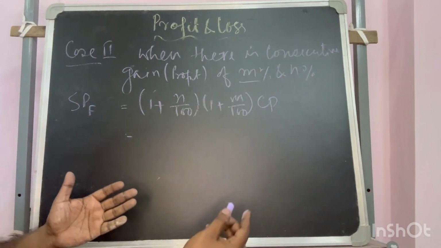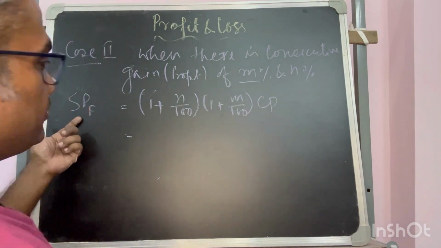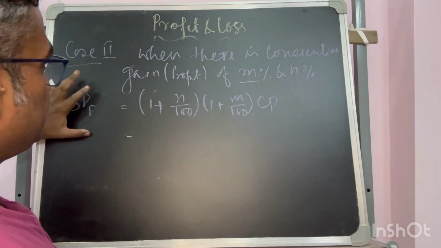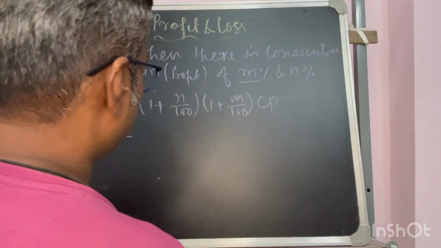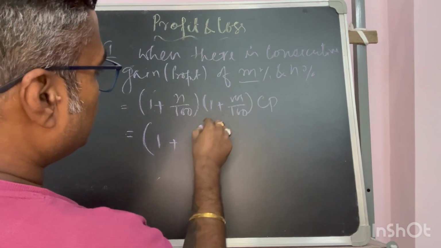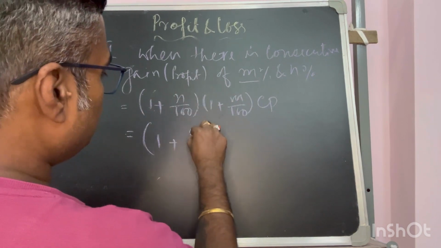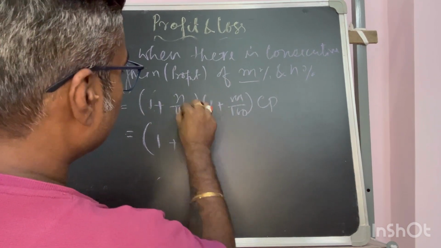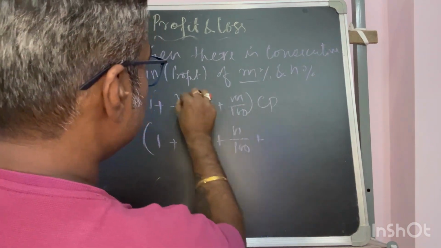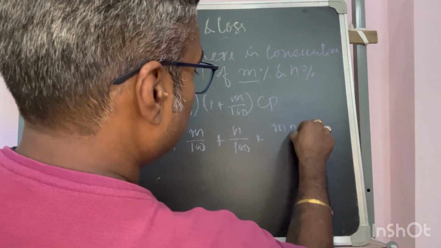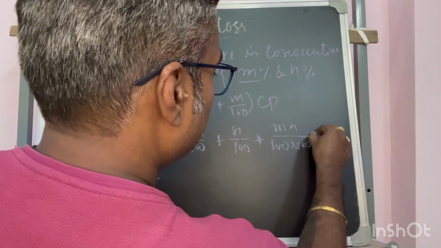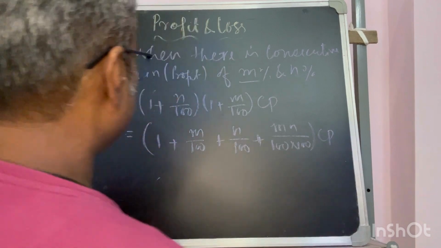If there were more than 2 transactions, I could have extended it to 3, 4 and so on, but it ends at 2 as stated in the sum. So I multiply 1 into 1, 1. This into 1 is M by 100. This into 1 is N by 100. Plus this into this is MN divided by 100 into 100, into CP.